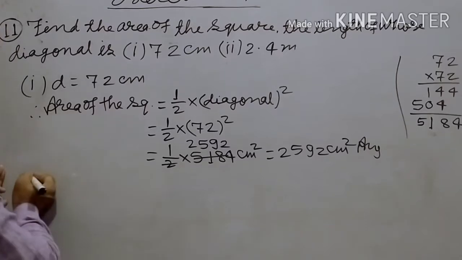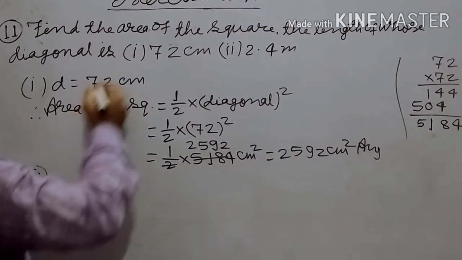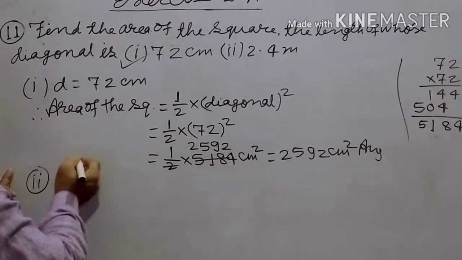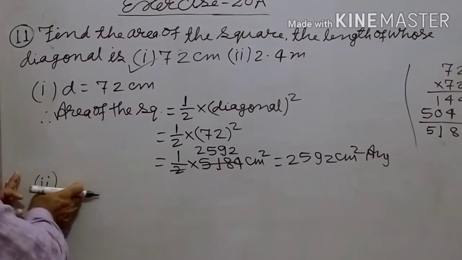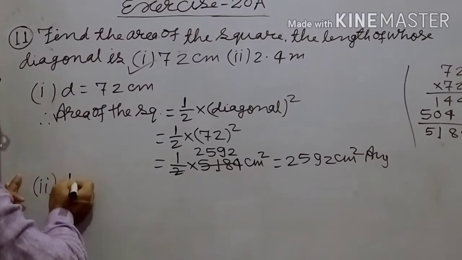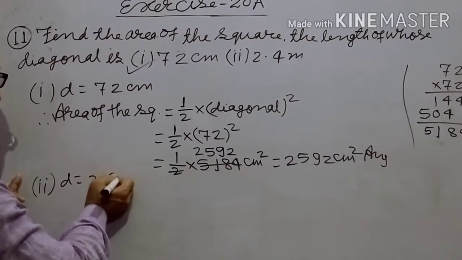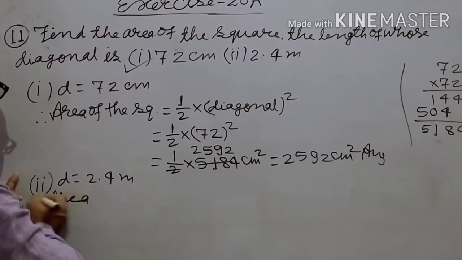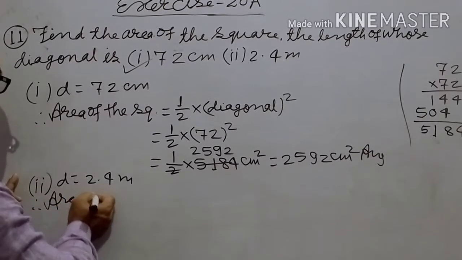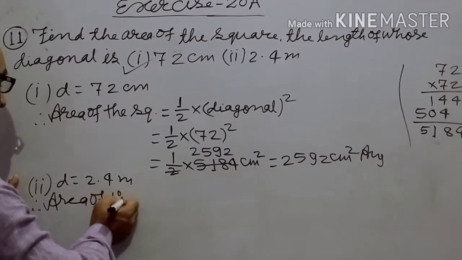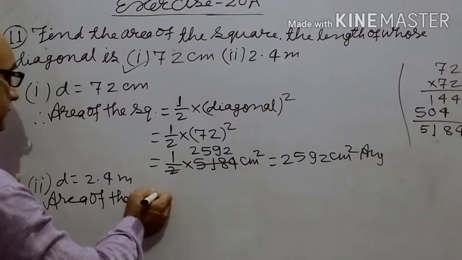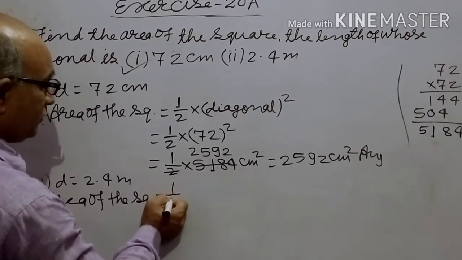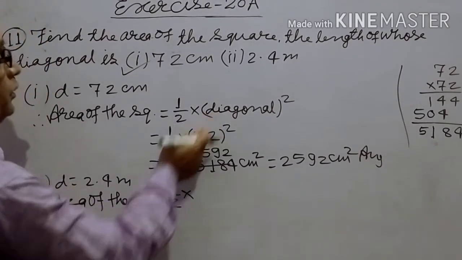Next question is 2, whose diagonal is 2.4 meter. Diagonal equal to 2.4 meter. So therefore area of the square equal to 1 by 2 into diagonal square.